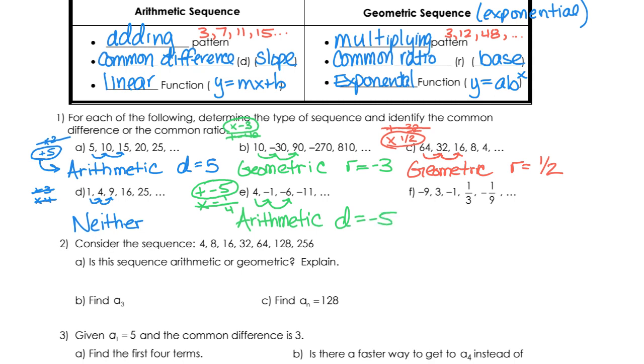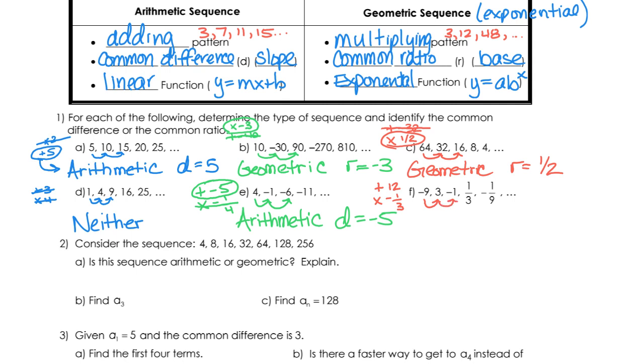Okay, and the last one, negative 9 to 3. I could say that I am adding 12, or I could say that I'm multiplying by negative 1/3, right? Negative times a negative would be positive, and 1/3 of 9 is 3, okay?